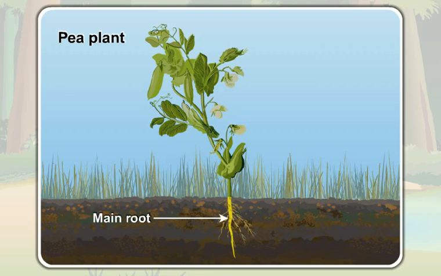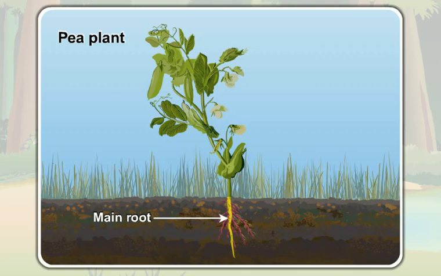The main root is also known as the primary root. The main root grows straight down the stem. Now have a look at the sides of the main root.